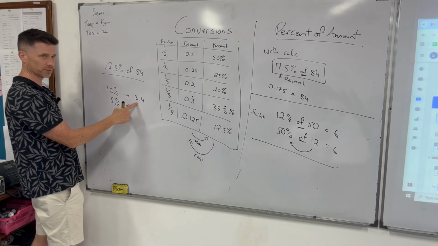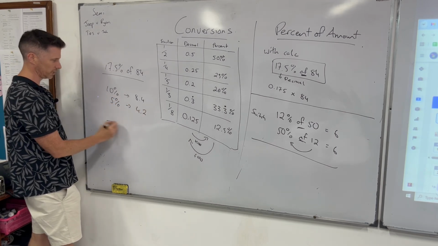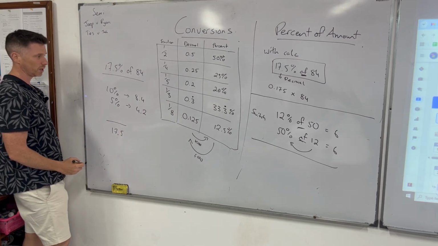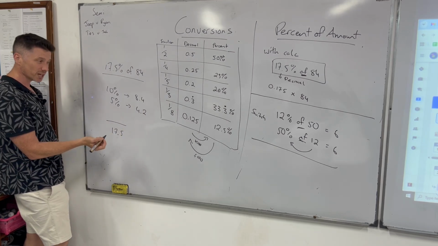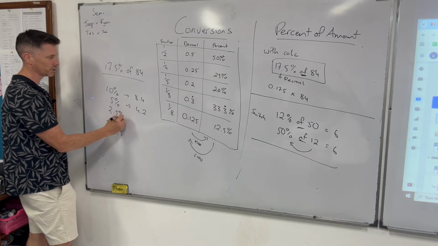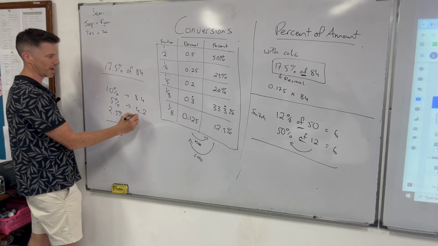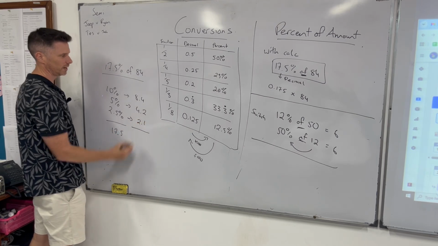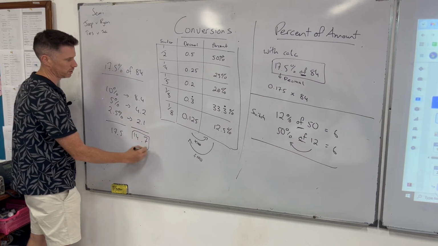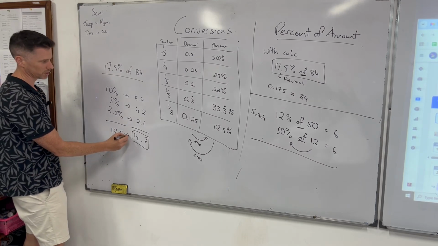So that is half of this number, which is 4.2. Now I'm trying to get this column to add to 17.5. So I can get 1% if I want, or 2.5% is definitely the better way to go, which is going to be half of this, which is 2.1. And now I add up, this column gives 7, and this is 14. So 14.7 is my answer.